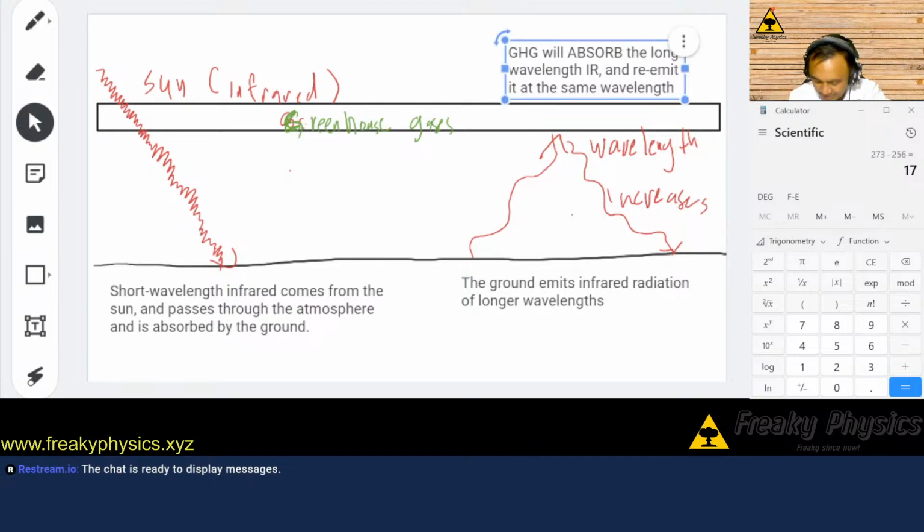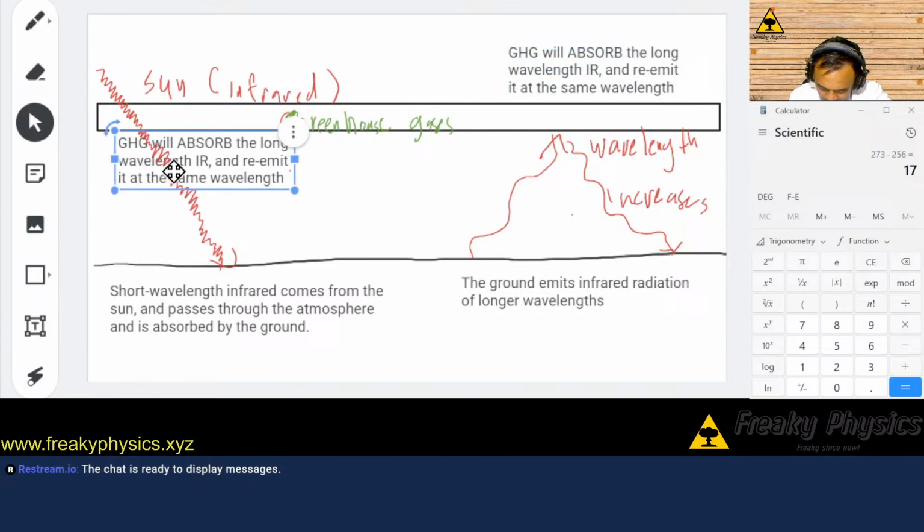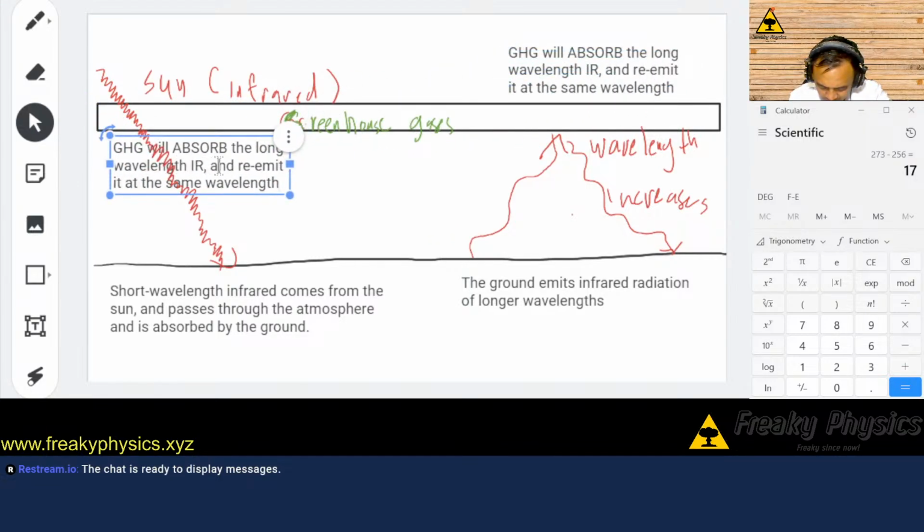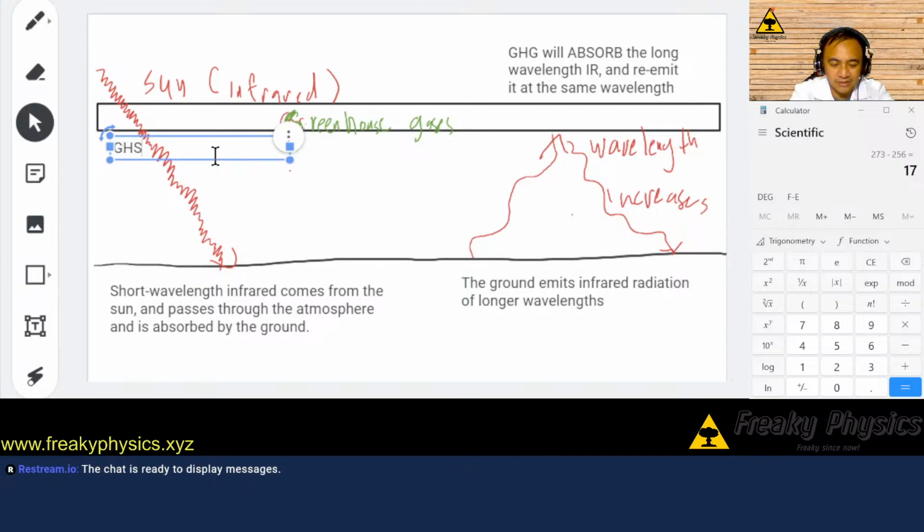Okay? And what happens here on the other side with the greenhouse gases? What happens to the short wavelength infrared? The greenhouse gases are actually transparent to them. Let's put it here. The greenhouse gases are transparent to the short wavelength infrared.